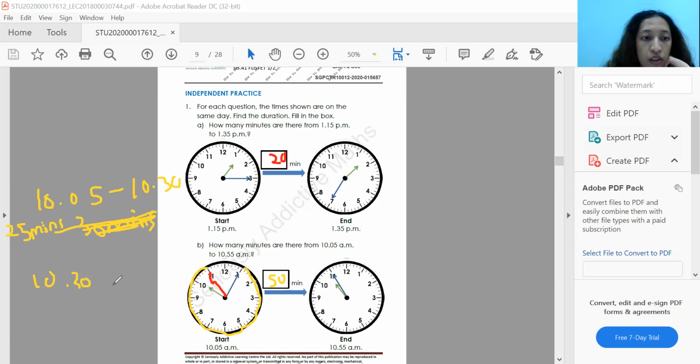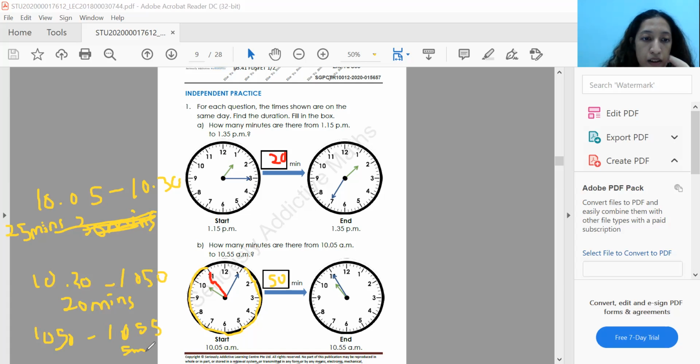10:30 all the way to 10:50? How many minutes is that? 10:30, 35, 40, 45, 50. That is 20 minutes. And then 10:50 to 10:55. That would make 5 minutes, right?